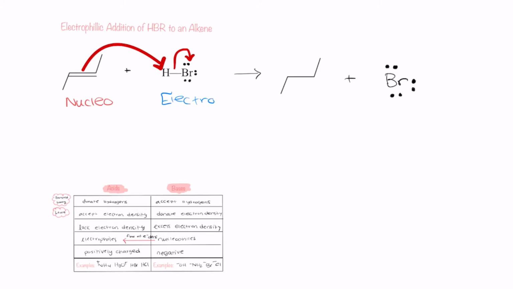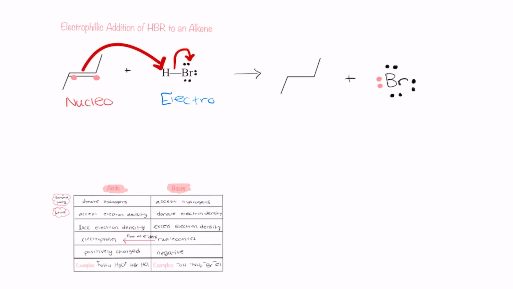You might be asking yourself, where did that lone pair come from? And what I like to do when I was learning this mechanism was I like to imagine that this bond here that broke off in the form of a lone pair and traveled onto this bromine structure.